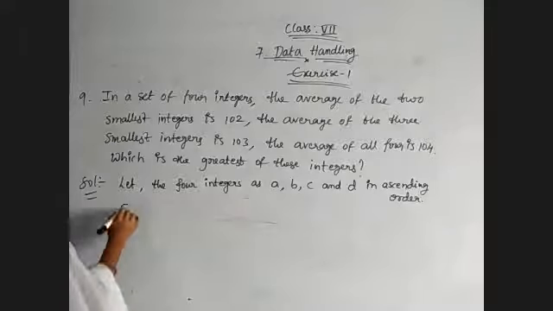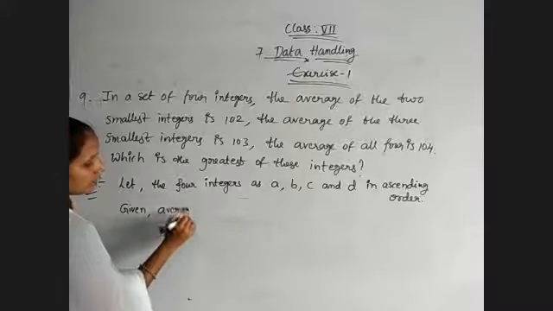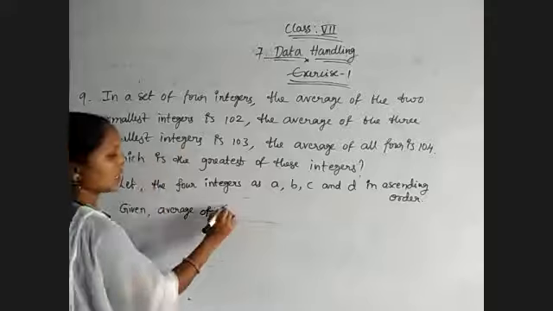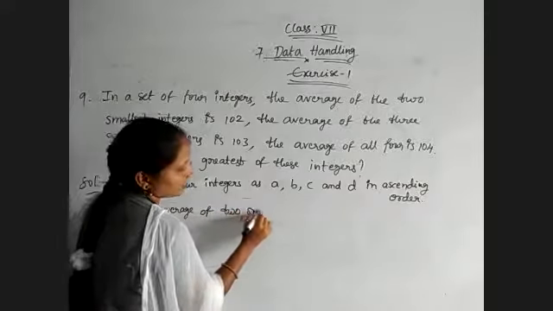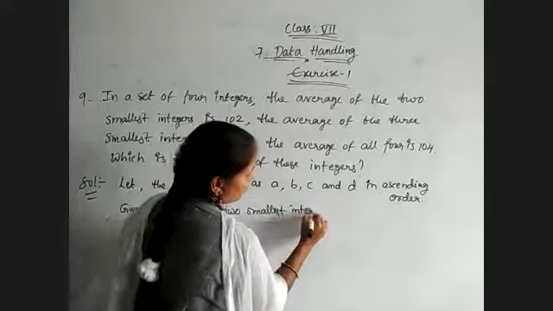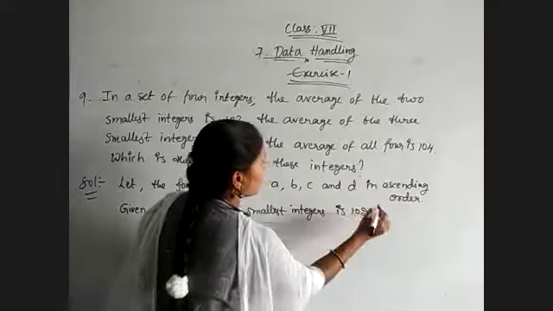So given, the average of the two smallest integers is 102.